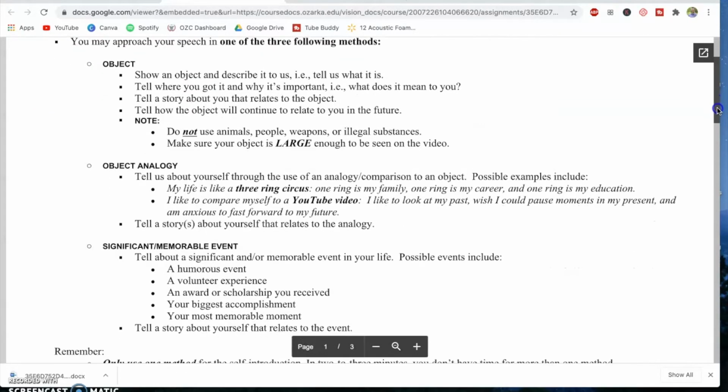So you can show us an object and describe it to us and tell us what it is, tell us where you got it and why it's important, what does it mean to you. You can use an analogy on the object, or you can recall to us a significant or memorable event and why that relates to you.